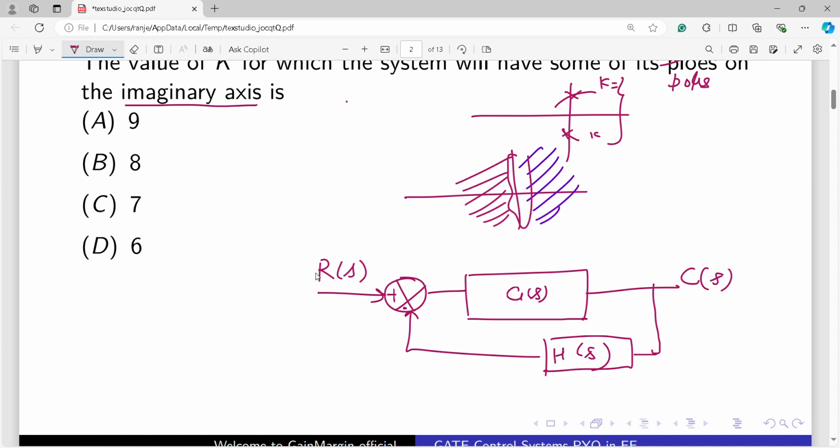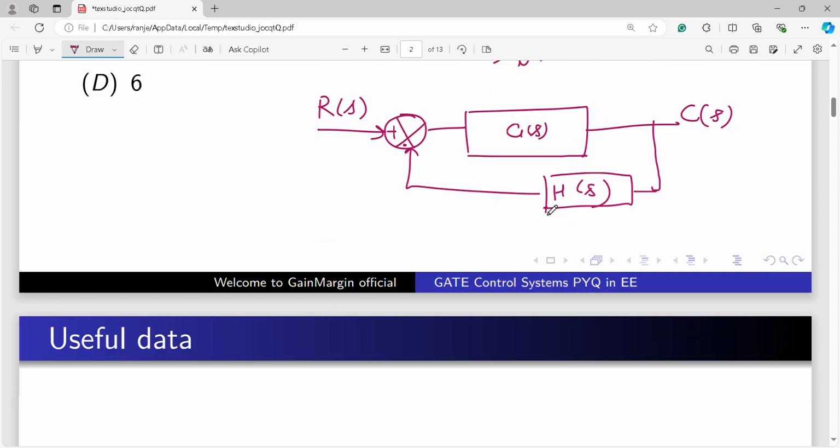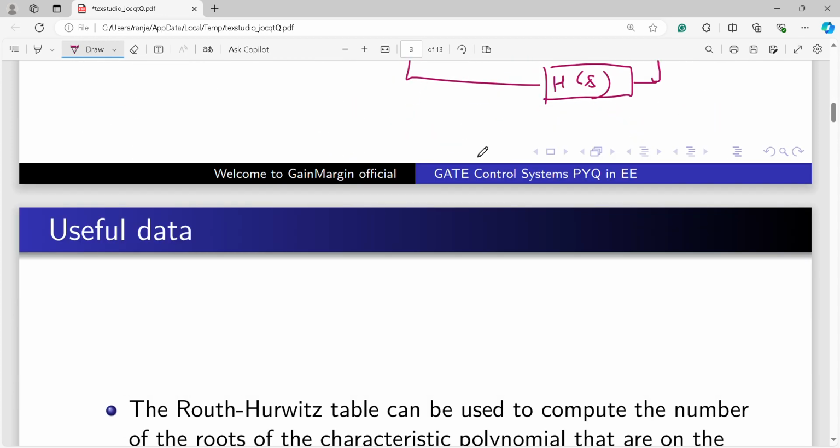If you find the closed loop transfer function for this, we get G(s) by 1 plus G(s) into H(s).